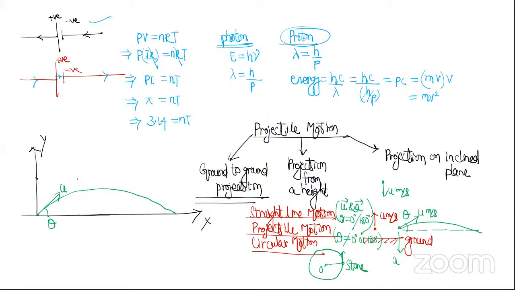So in physics, the chapters are related. The first chapter is related to the second chapter, which is related to the third chapter. If we don't know one chapter, then unless we study that, we cannot go to the next chapter. For example, if we don't know motion in 1D, straight line motion, then in 2D you will feel like, what's going on?